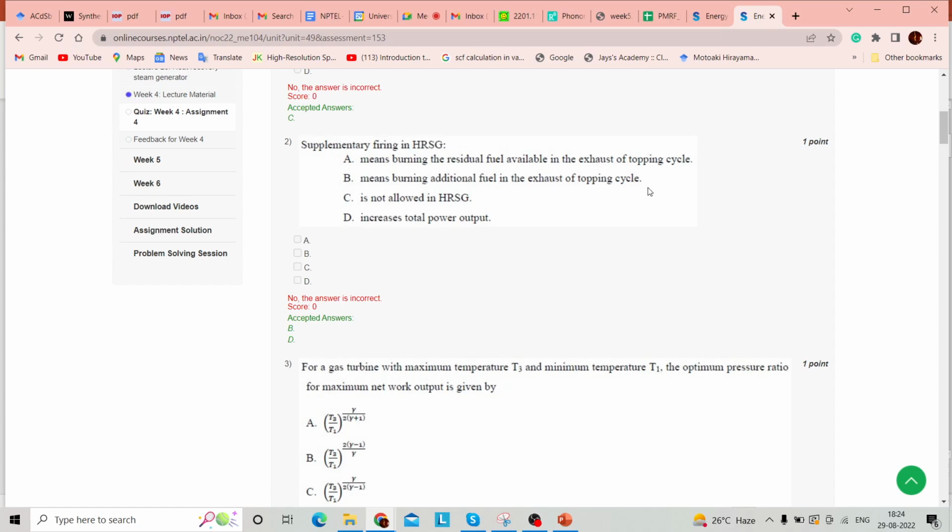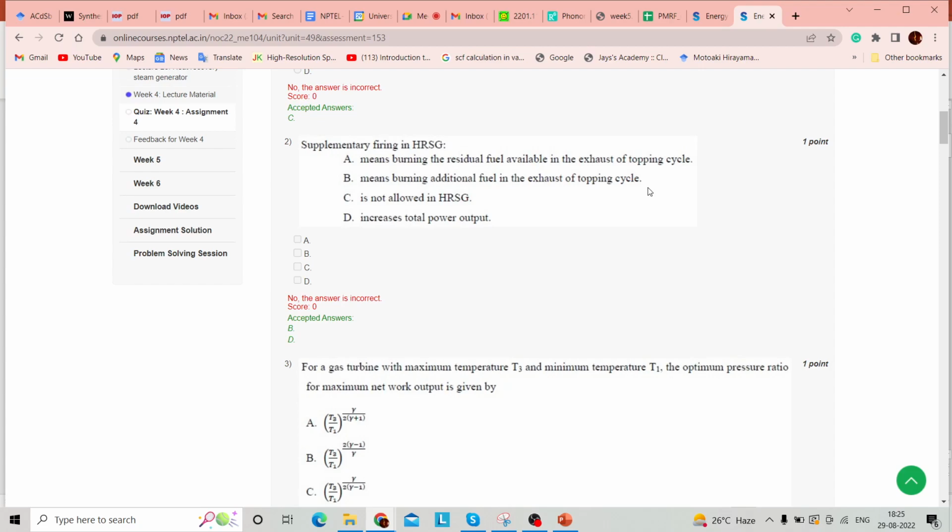Sorry for disturbing you again, sir. Whether it is high quality or low quality doesn't matter at all. We have to recover any heat contained in the cycle exhaust and make use of it. Then what is the purpose of adding any additional fuel there? I have told you that we increase the quality of energy available. But the purpose of the heat recovery steam generator is not to increase the quality of the heat.